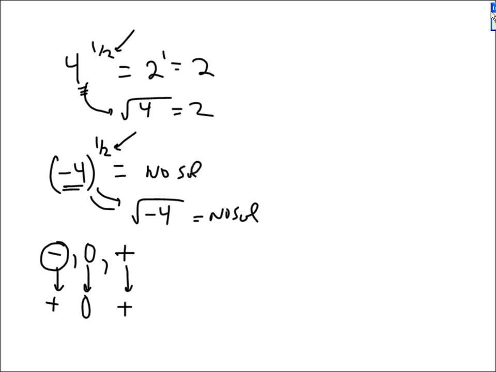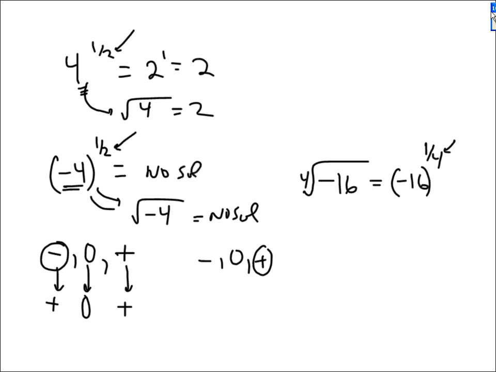You cannot take any even root of a negative number. What would be the 4th root of negative 16? Whether it's written that way or written this way, what times itself 4 times will give you negative 16? Well, again, 3 types of numbers.